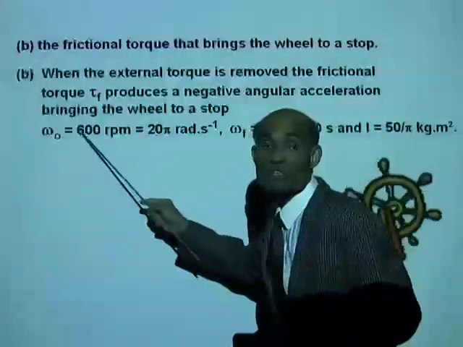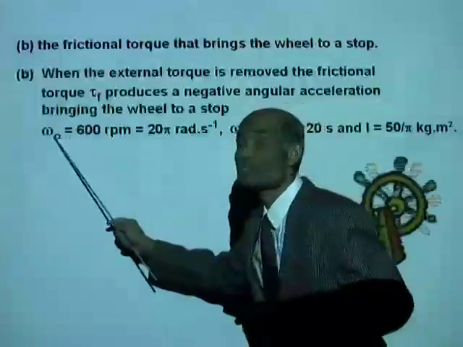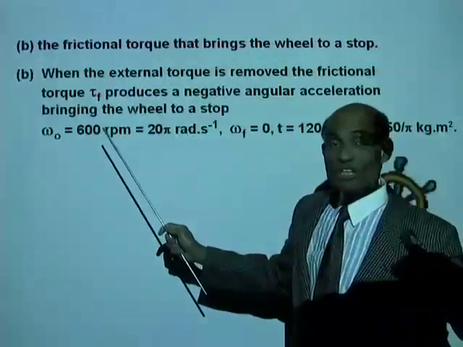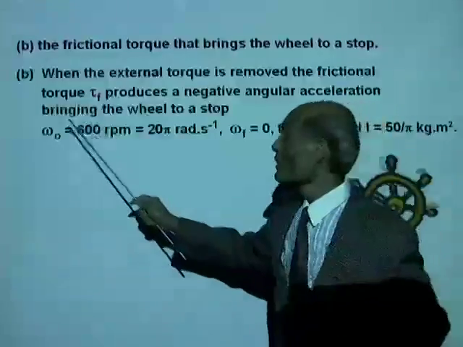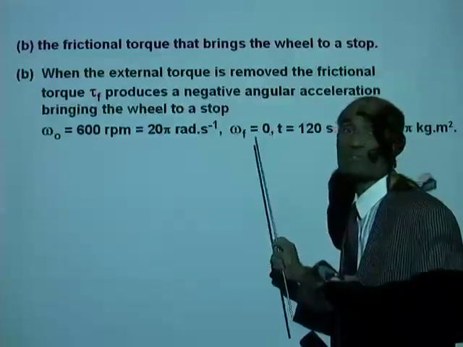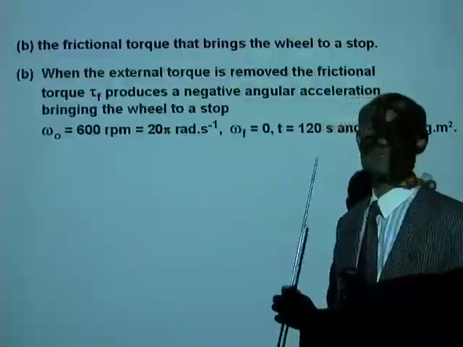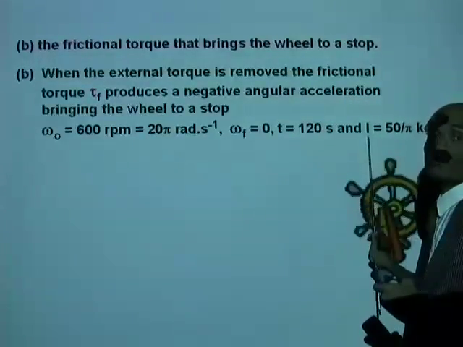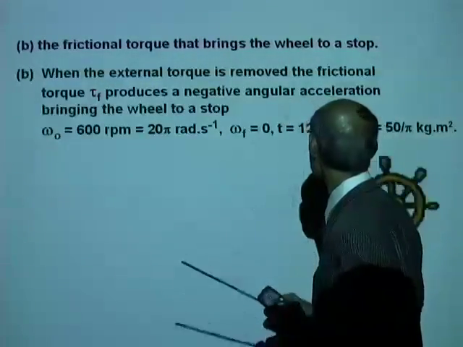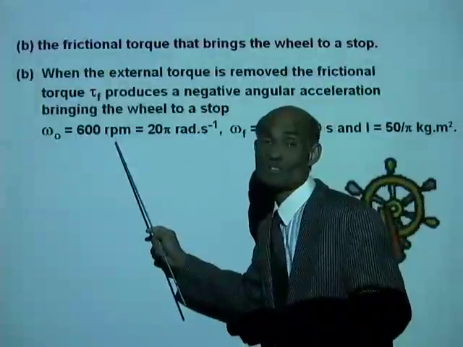We have omega 0 at the moment when the external torque is removed: the wheel is rotating with this angular velocity, and it is going to come to 0. So omega 0 is 20 pi radian per second, omega f equal to 0, and the wheel comes to a stop in 120 seconds. We also know the moment of inertia of the wheel is 50 divided by pi. Alright, what do we do first?